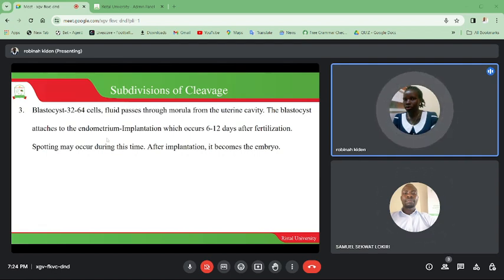During this period, sometimes there is spotting of blood that may happen, but it does not take long. After implantation, the implanted zygote now becomes the embryo. This spotting in most cases can take 1 to 2 days, then it clears off.